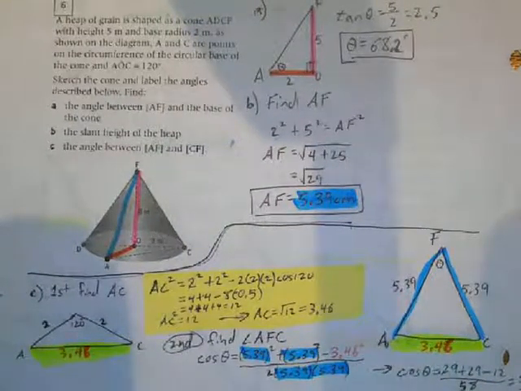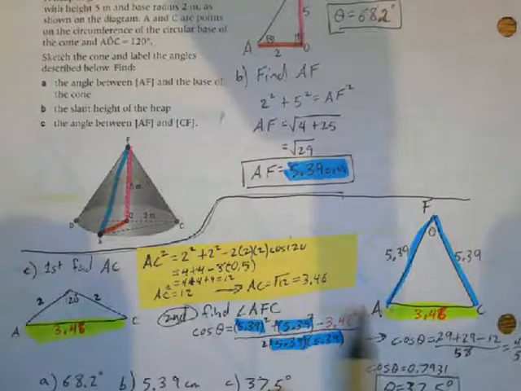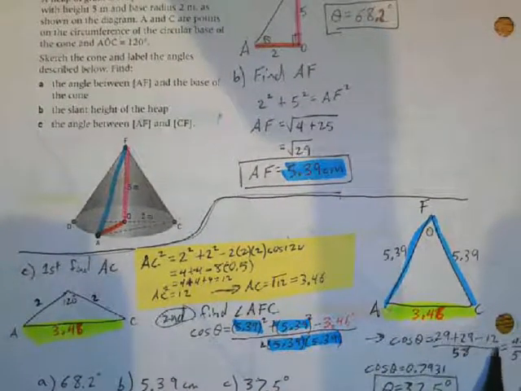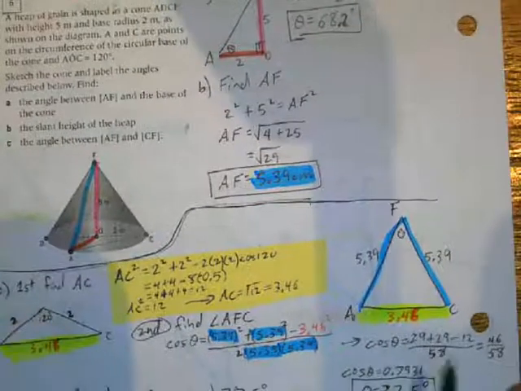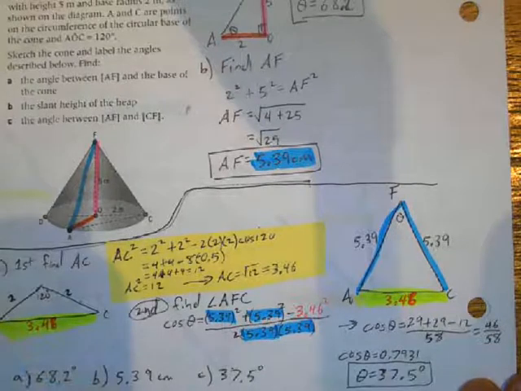This simplifies to 29 plus 29 minus 12 divided by 58. And I get this ratio and this decimal, and then I do inverse cosine and I get this value. You may want to hit pause to check your work.